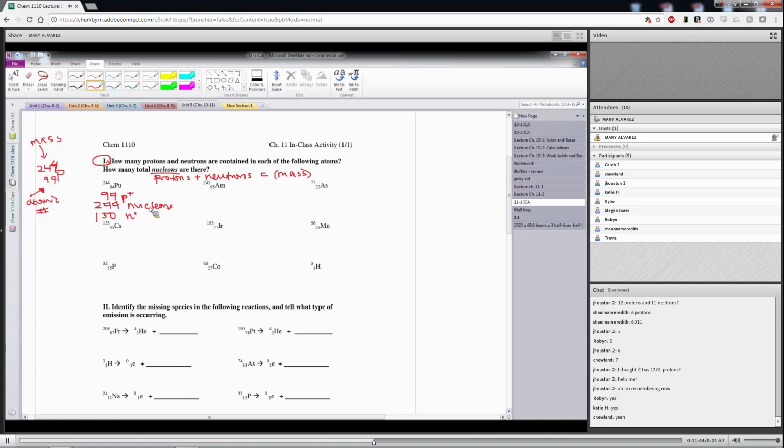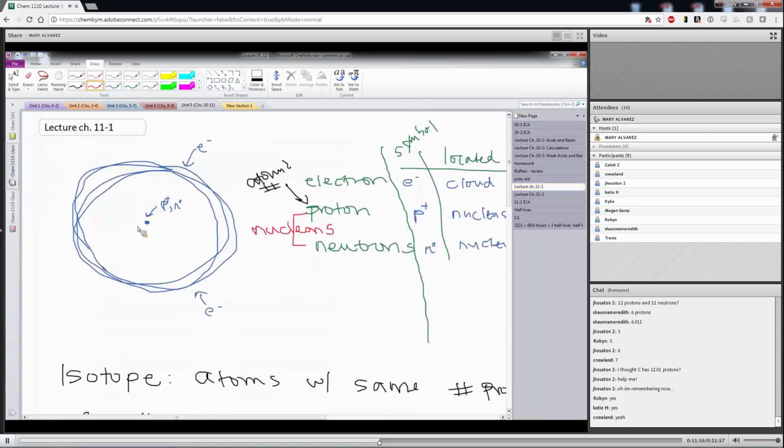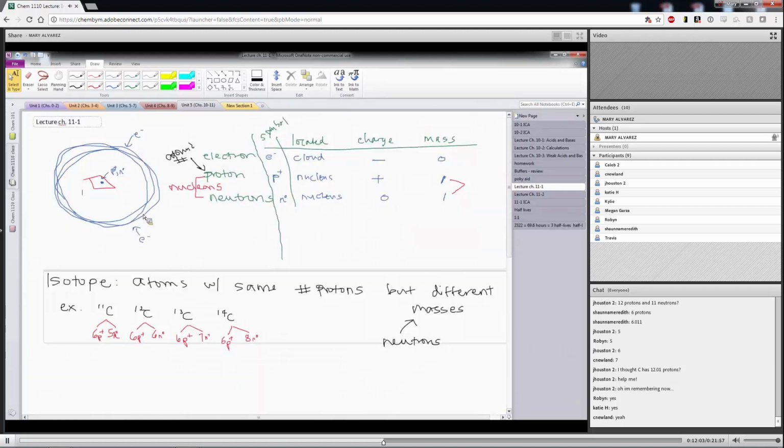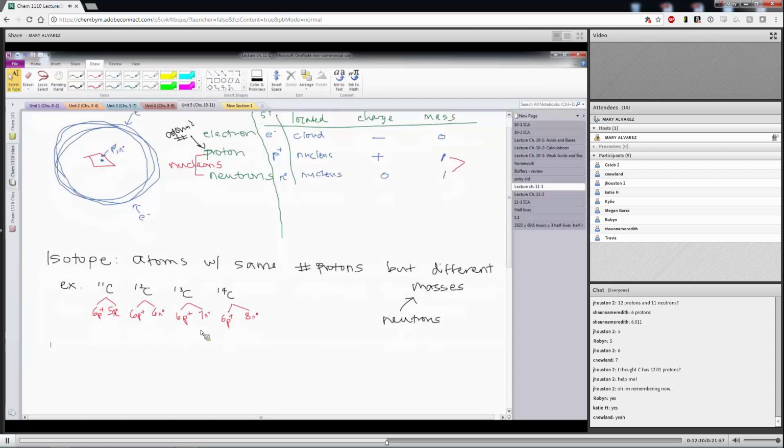Excellent. Okay, this gives us a starting point for nuclear chemistry, because the way that nuclear chemistry is different from all the chemistry that we've covered so far is that nuclear chemistry is chemistry that occurs in the nucleus. That's why they call it nuclear chemistry, okay? In the nucleus. And so it helps to know how many protons, how many neutrons, what exists in the nucleus when we look at nuclear reactions.